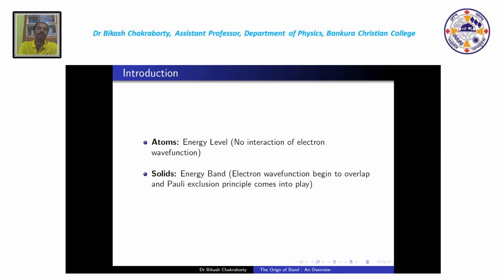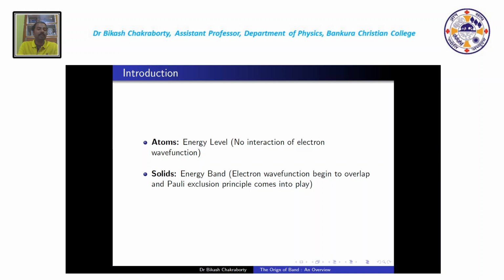So there must be splitting of the discrete energy levels of the isolated atoms into new levels belonging to the pair rather than to individual atoms. So the energy level belongs to atoms only and the energy band belongs to solids.